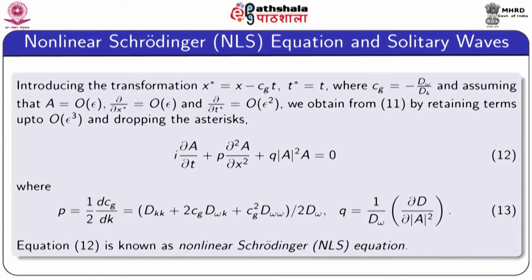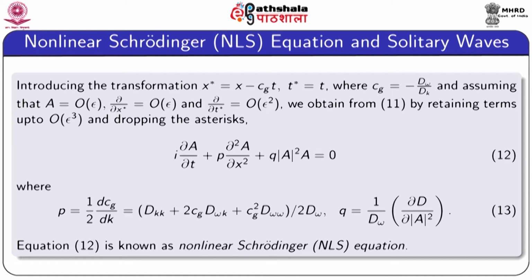Now, we introduce new variables x star, t star such that x star equals x minus Cg t and t star equals t, where Cg equals minus dω/dk, and we assume slow variation of the amplitude A, that means A is of order epsilon.